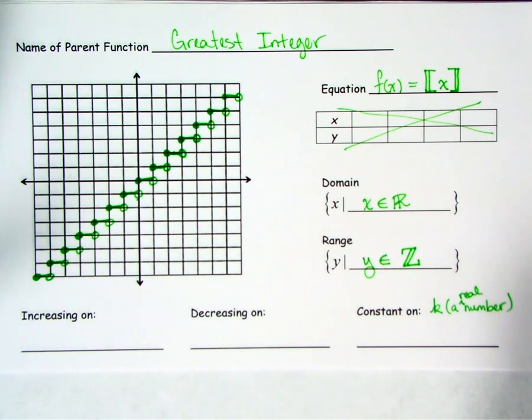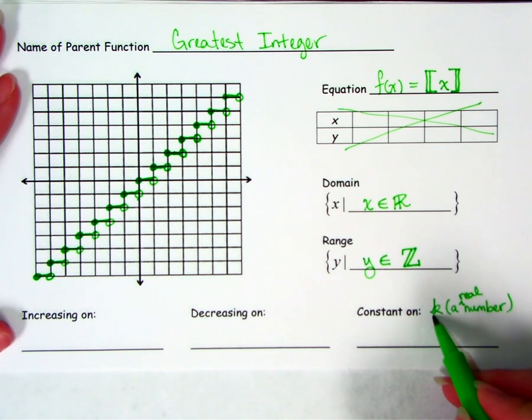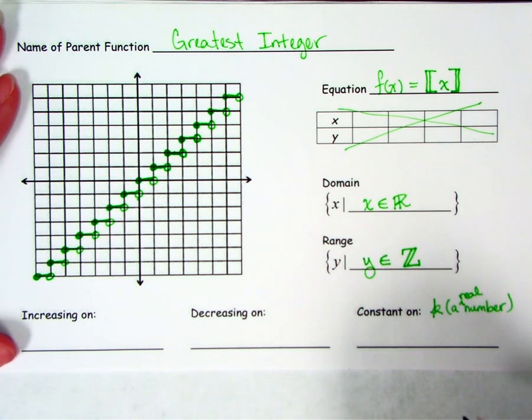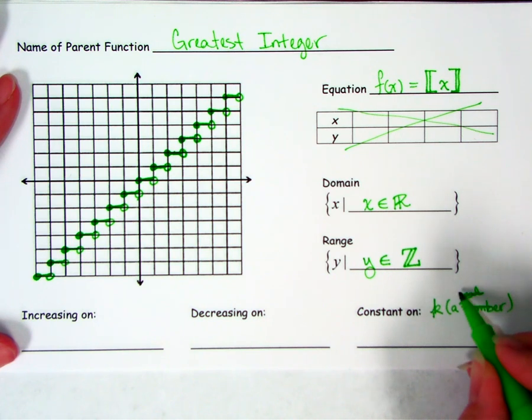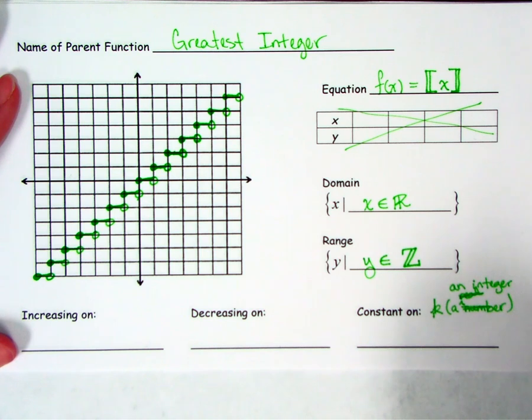So that's any number, positive, negative, fractions, decimals, irrationals. So k is any number. Sorry, that's not right. k has to be an integer. So any integer.